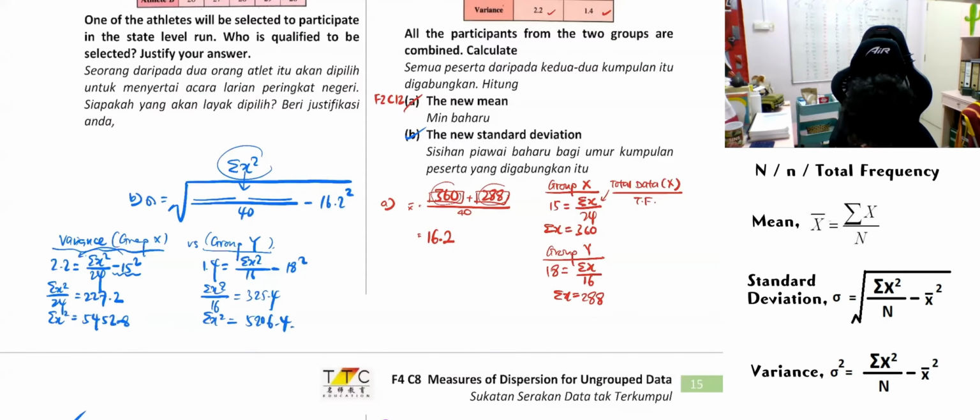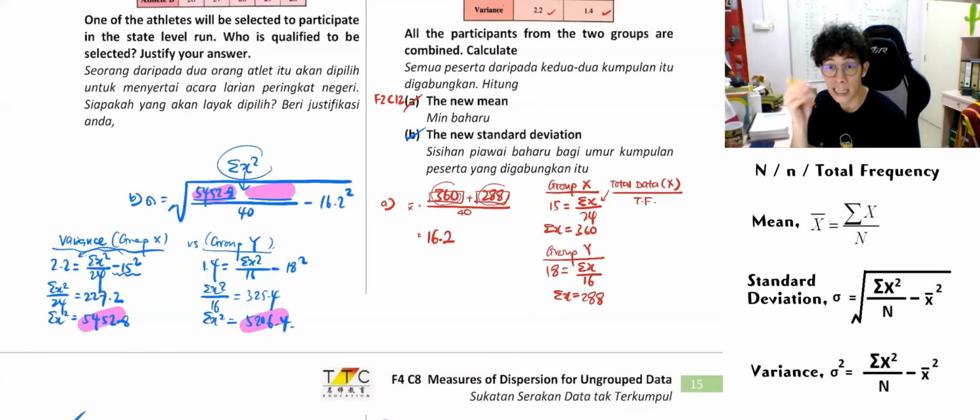So you will get these two answers. These two answers you put inside. So I'm going to put inside 5452.8, because that will be the data, each and every single data you square, then you add up already. So you're going to add these two things together.